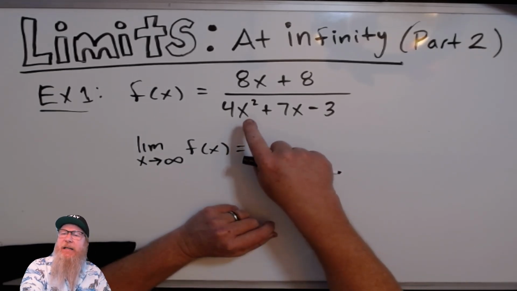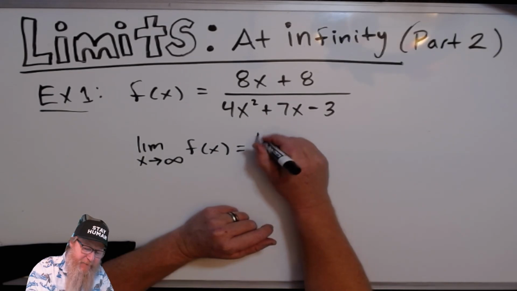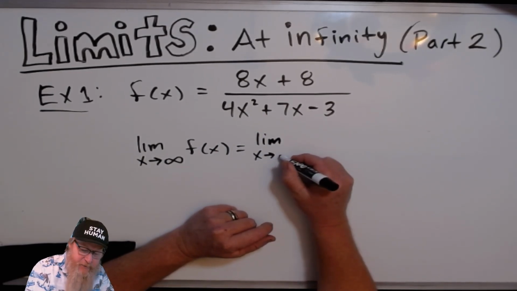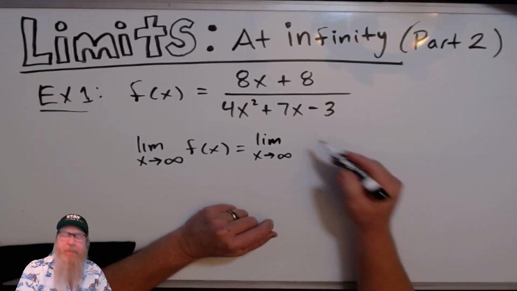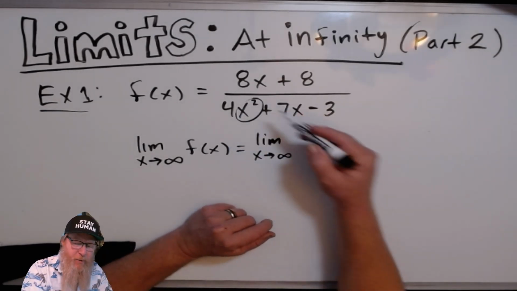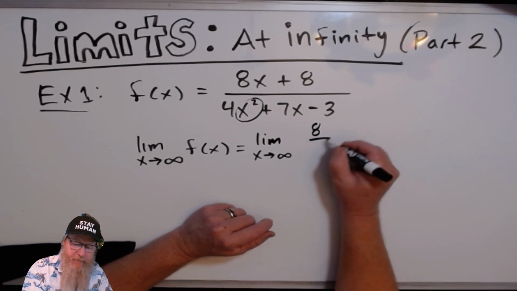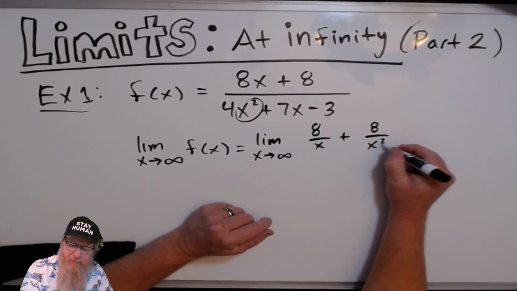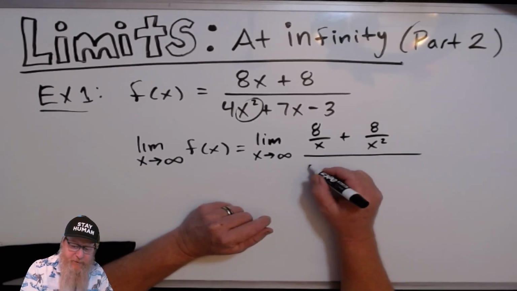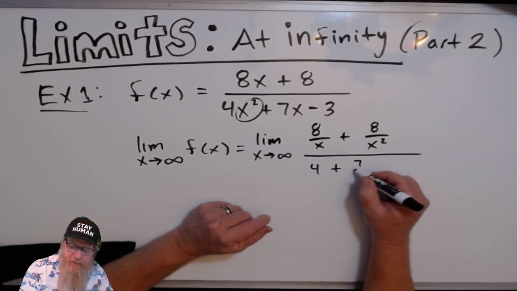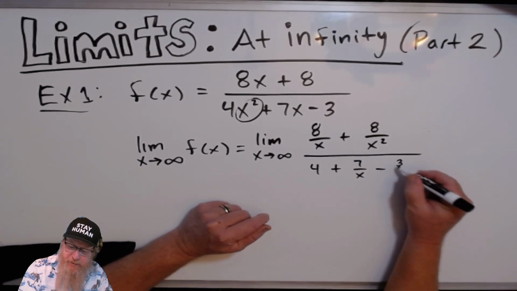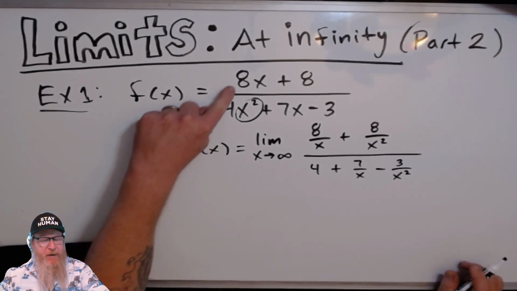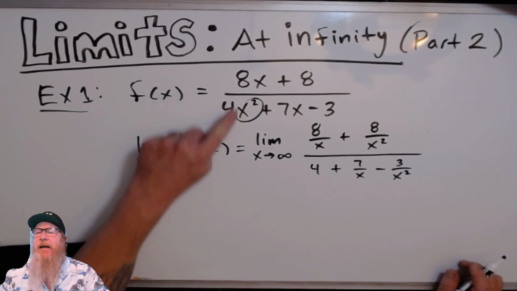So the technique is to divide everybody by the largest power of x. So the largest power is x squared. So we're going to divide everybody by x squared. I am skipping a lot of the arithmetic. I will just briefly explain what I just did. So I divided 8x divided by x squared.